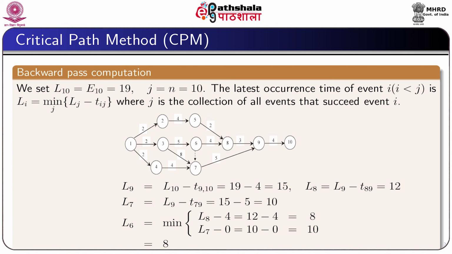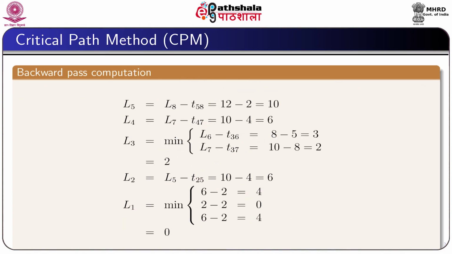Therefore, L6 equal to 8. We then find L5 and L4, which are 10 and 6 respectively, and then we calculate L3, L2 and L1, which are 2, 6 and 0 respectively.